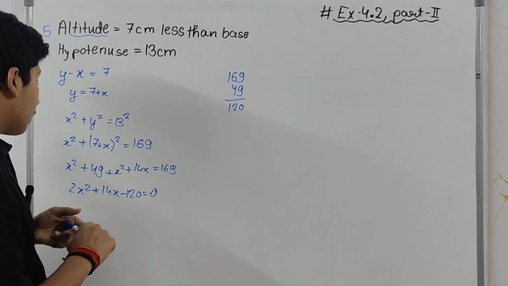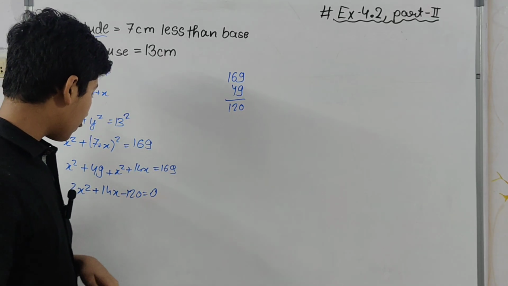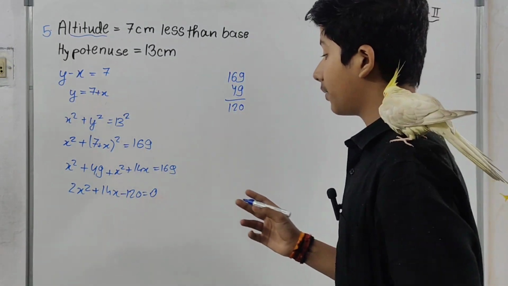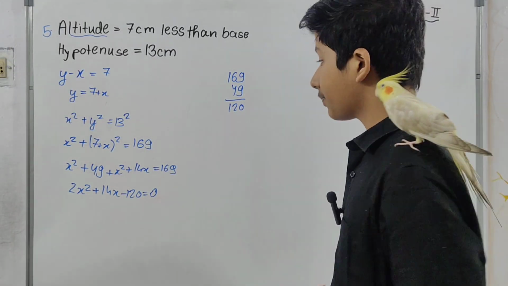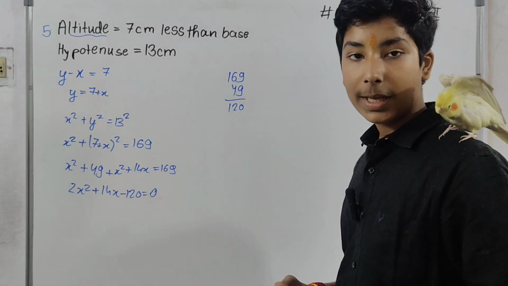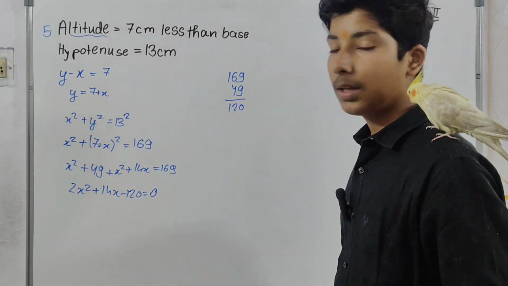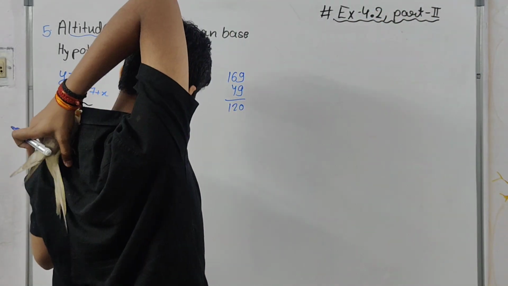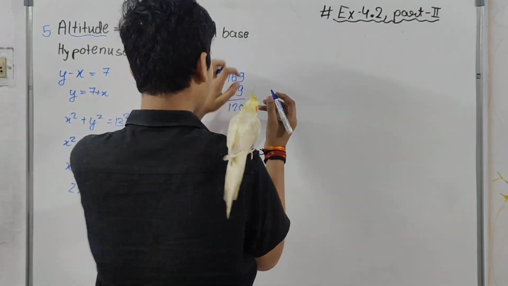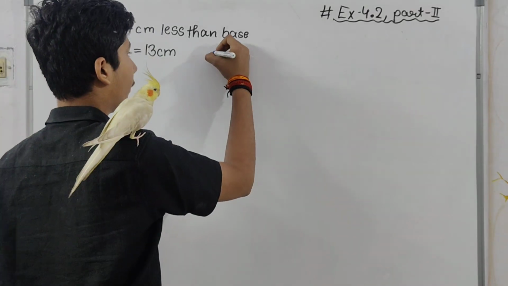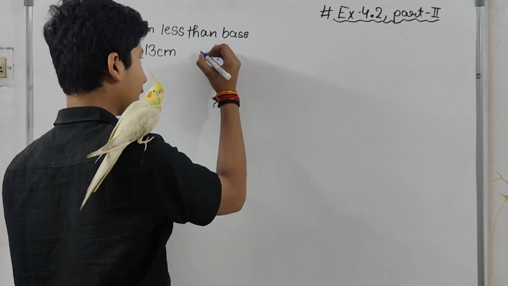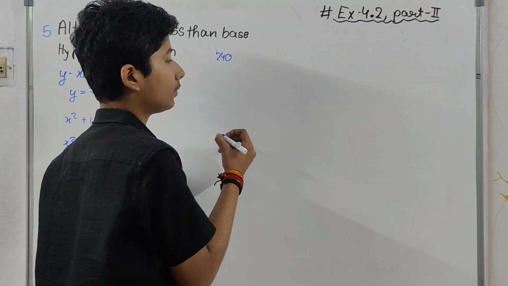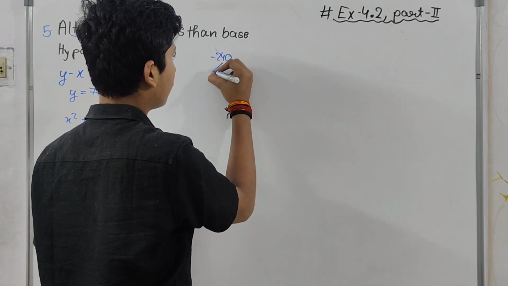Now we have to find any two factors of minus 240x square which when we multiply become minus 240x square and when we add them become 14x. So let's see them. 120 into 2 is 240, that too negative.